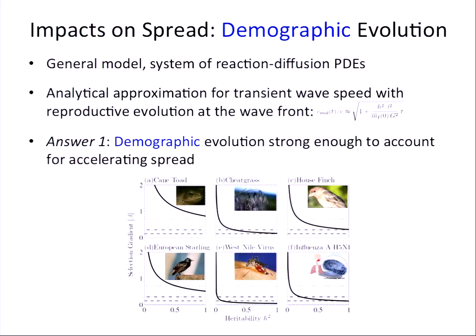And if we look at how the increase in spread rate depends on heritability and the selection strength on the trait, in a number of species where there's been an observation of accelerating spread, we see that moderate heritabilities and realistic but strong selection can account for the increase in spread that we've seen in those species. So this really establishes that evolution can be strong enough to have impacts on the timescale of spatial spread.